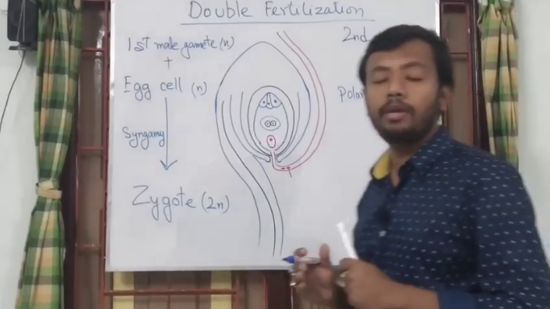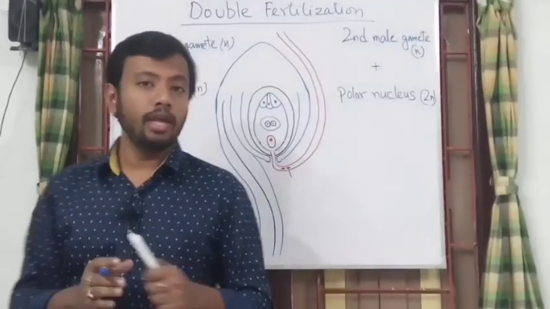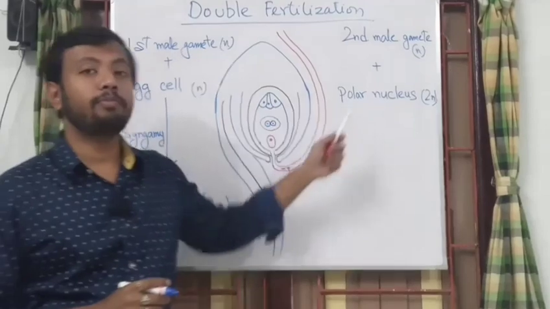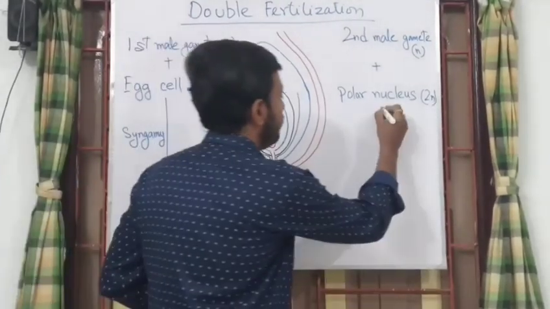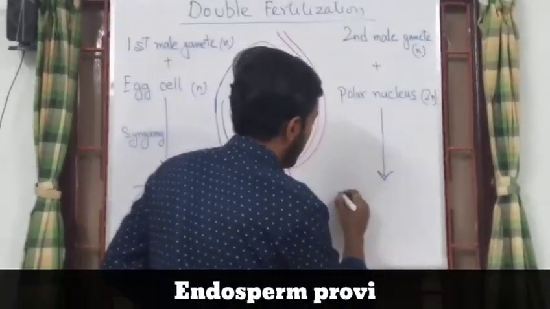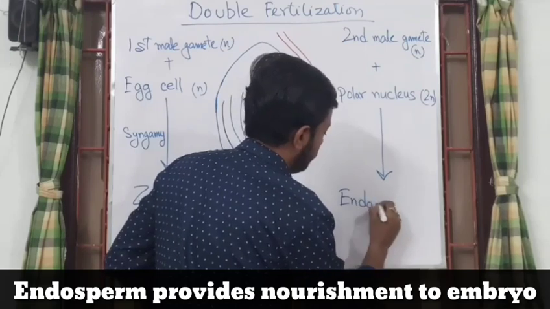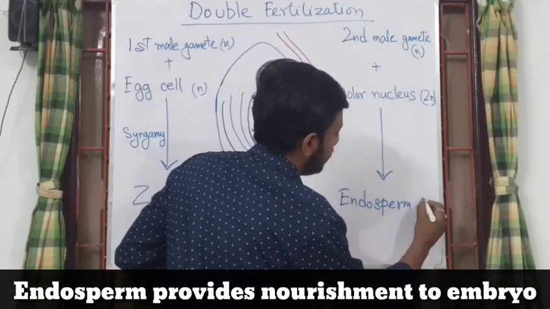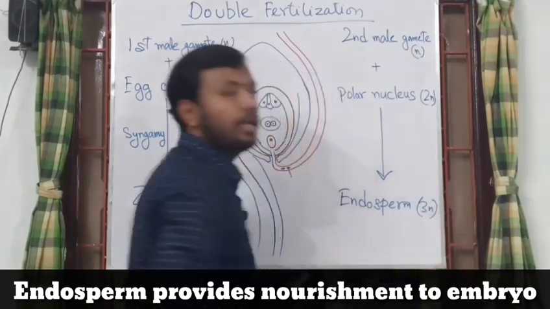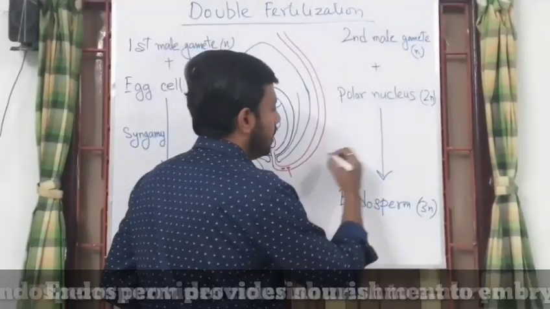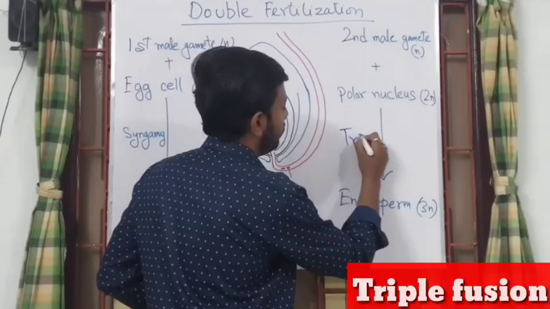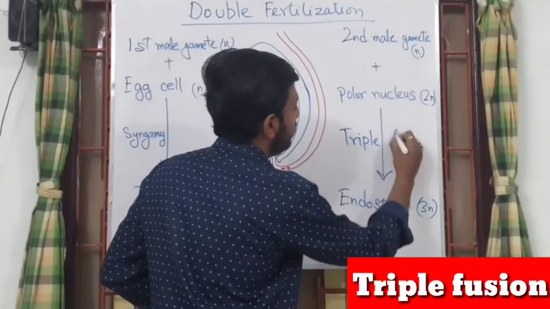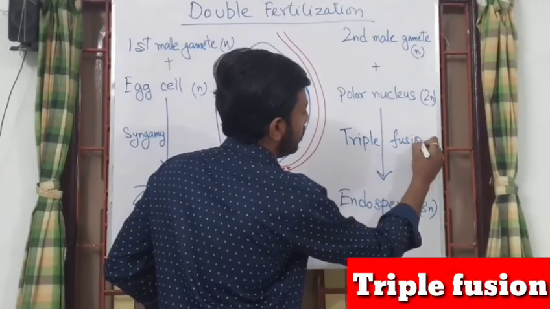So what will happen by their union? The union of the second male gamete with the polar nucleus will form a triploid endosperm. This is triploid in nature, and this union is known as triple fusion.